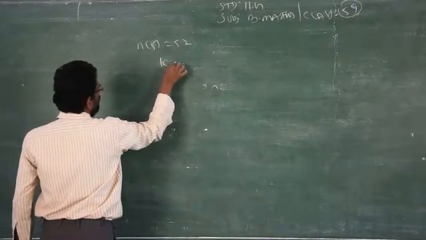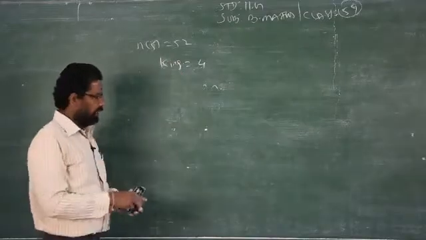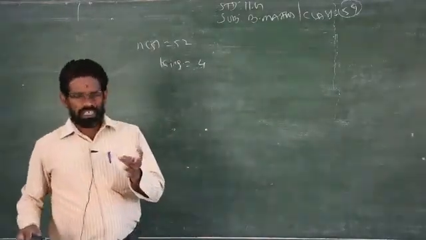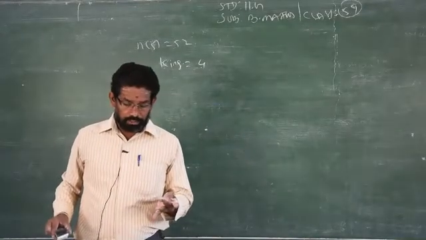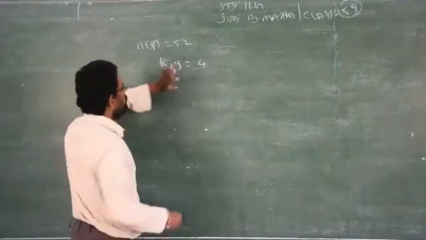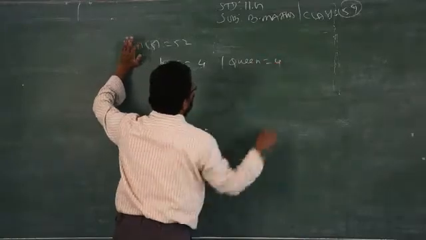Because each card has how many categories? 4: heart, diamond, club and spade. So if you take any one, it will be 4. So king is 4 and queen is also 4.